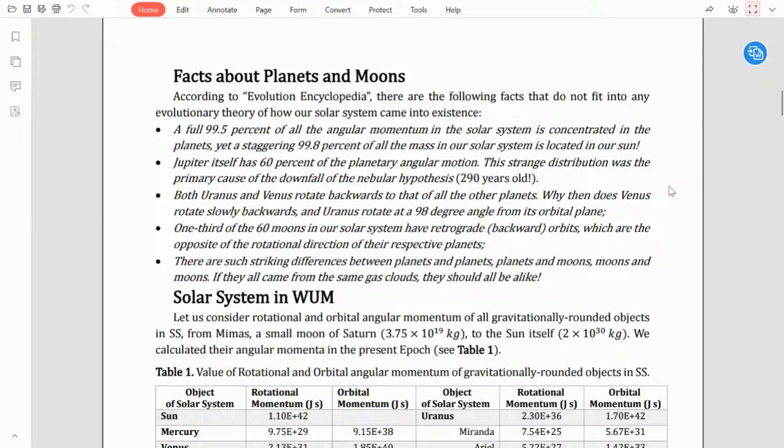Solar system and moon. Let us consider rotational and orbital angular momentum of all gravitationally rounded objects in the solar system, from Mimas, a small moon of Saturn with mass about 10^19 kilograms, to the Sun itself. We calculate their angular momentum in the present epoch.